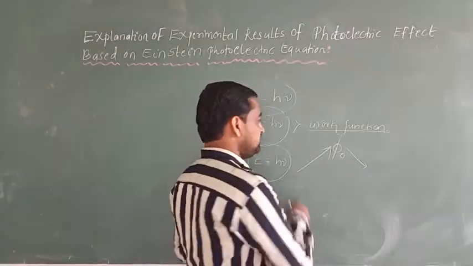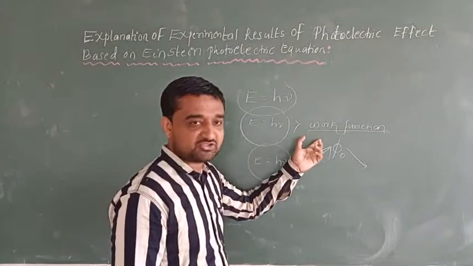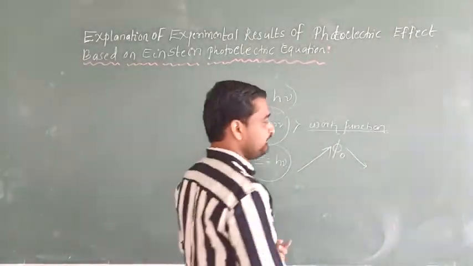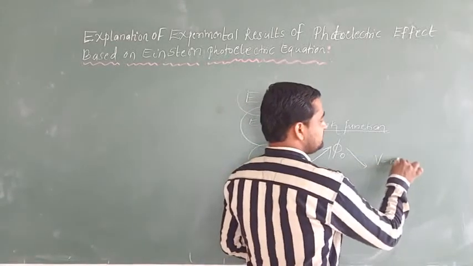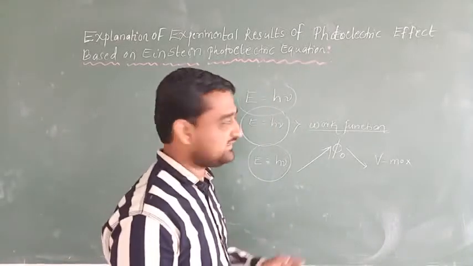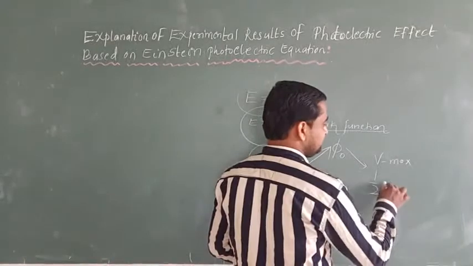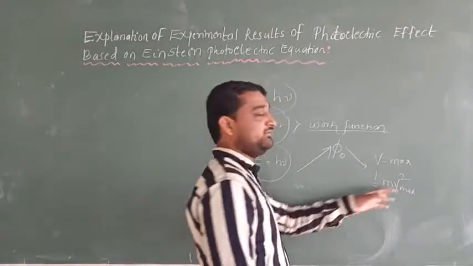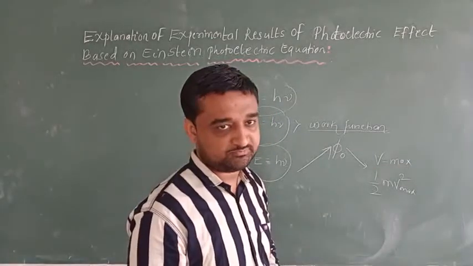Then, if the energy of the incident photon is greater than the work function of the metal, the excess energy will be the kinetic energy of the electron. If v is the velocity of the electron ejected by taking an extra energy greater than the work function, then the kinetic energy of the electron will be half m v squared, where v max is the maximum velocity of the ejected electron.